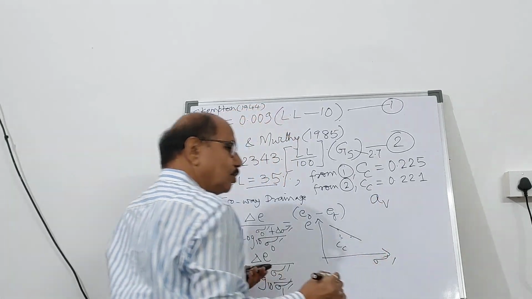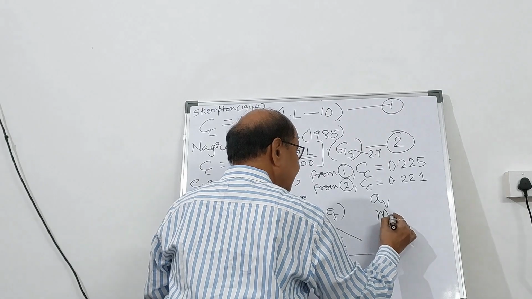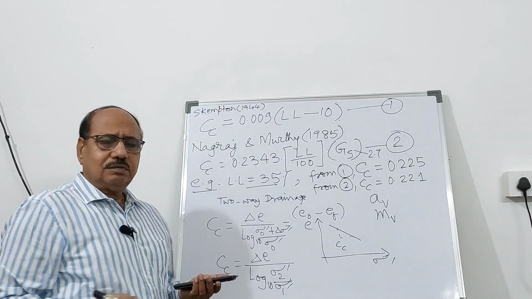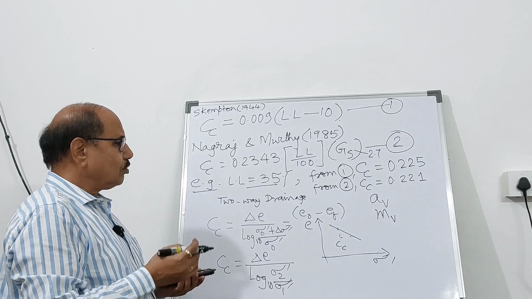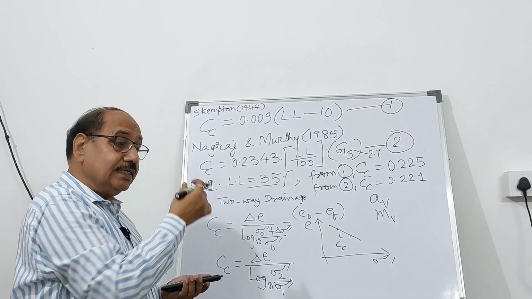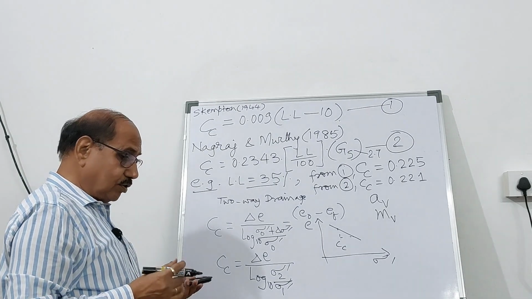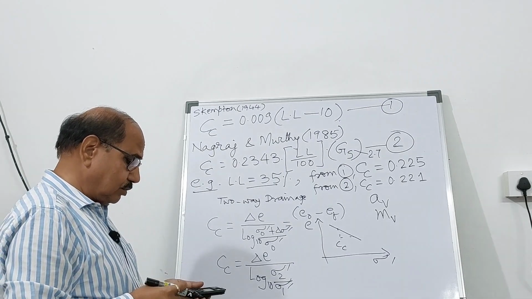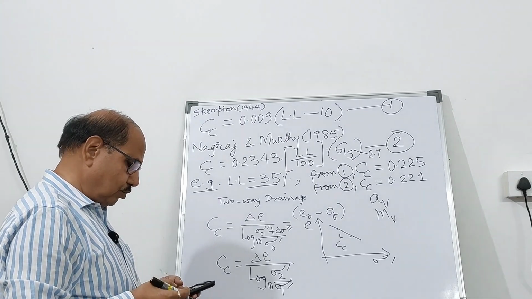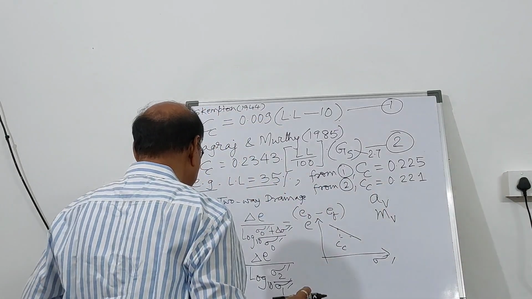I have talked about coefficient of volume compressibility, mv. These all coefficients can be used for calculating the consolidation settlement. So finally, our objective is how to find out the consolidation settlement. So let's see how to find out the consolidation settlement.